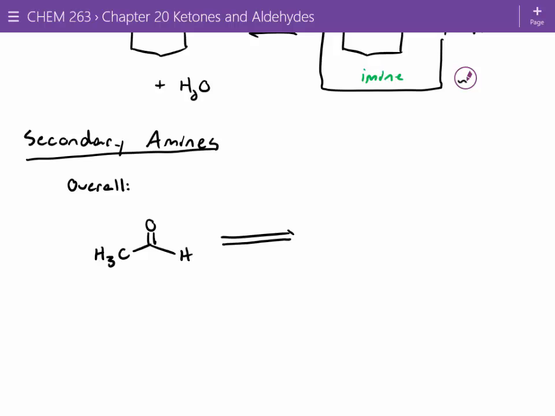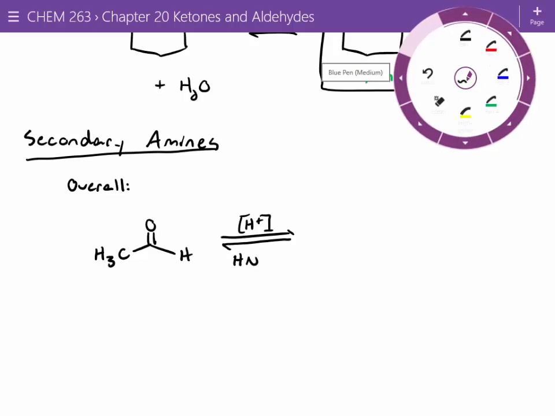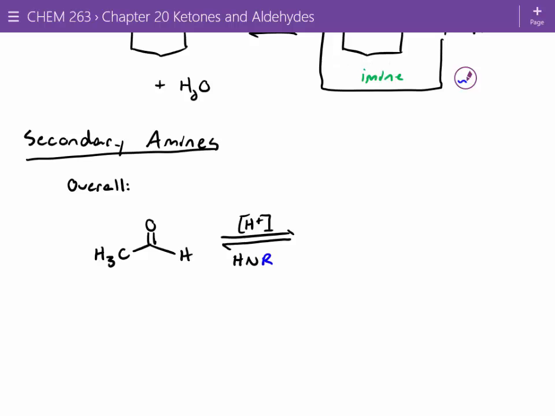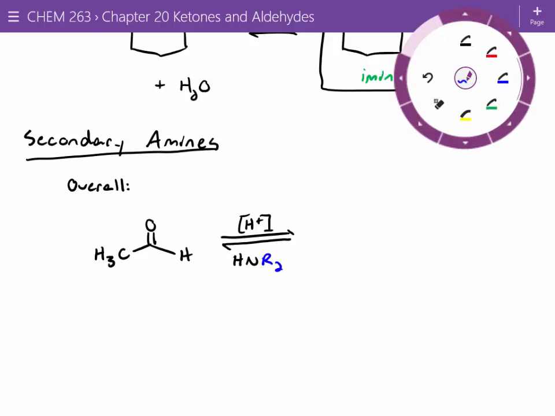I'm going to add in a catalytic amount of acid. But this time we're going to use a secondary amine. So we've got two different R groups coming off of it.